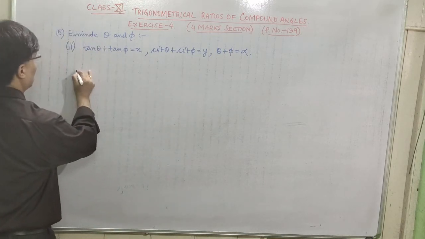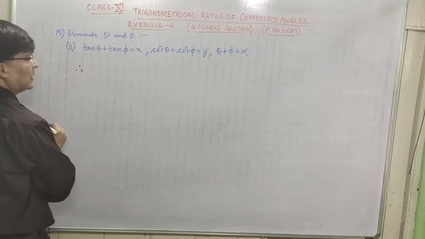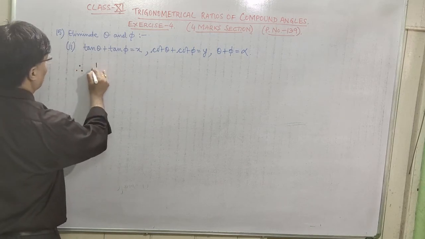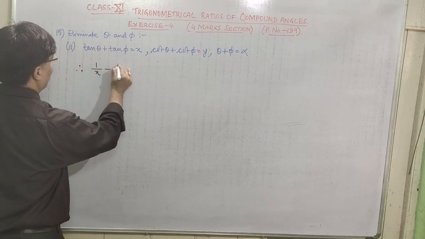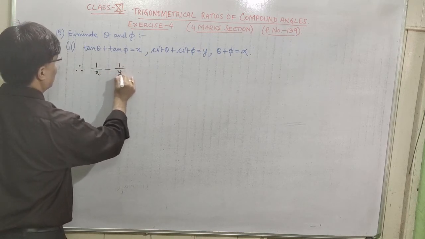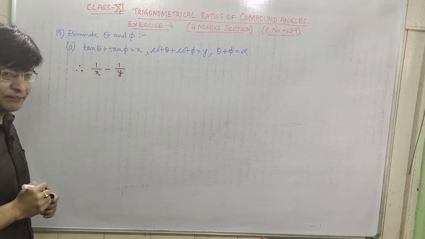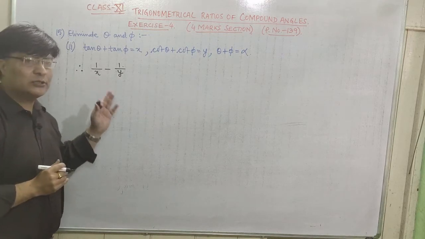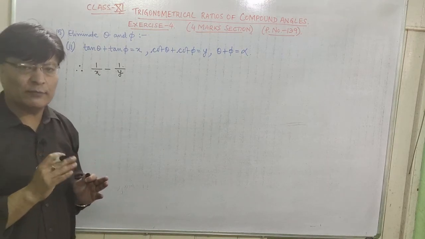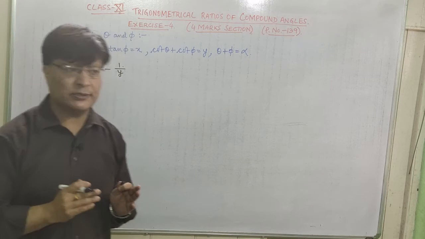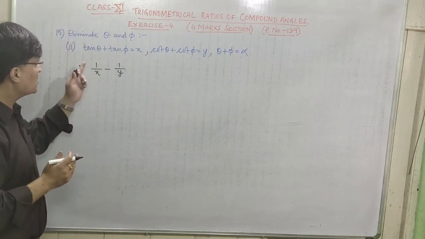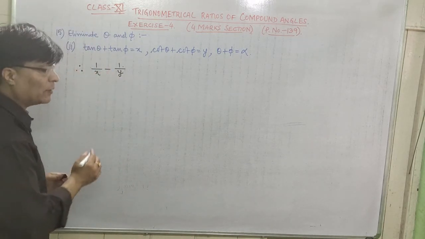Okay. So now in this case, let us find out the value for 1 upon x minus 1 upon y first. Is that clear? So in order to eliminate theta and phi from the given relations, let us get the value for first 1 upon x minus 1 upon y.